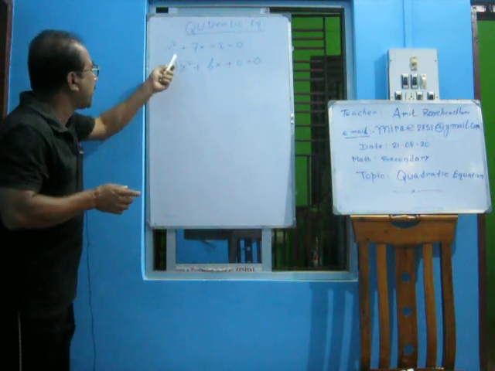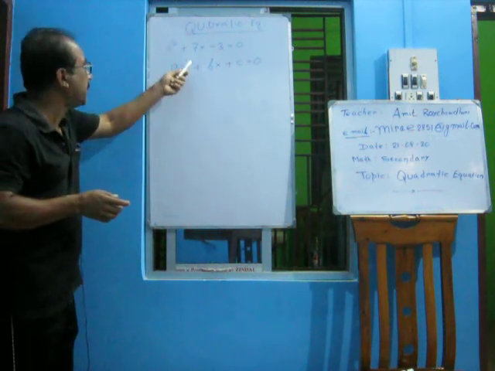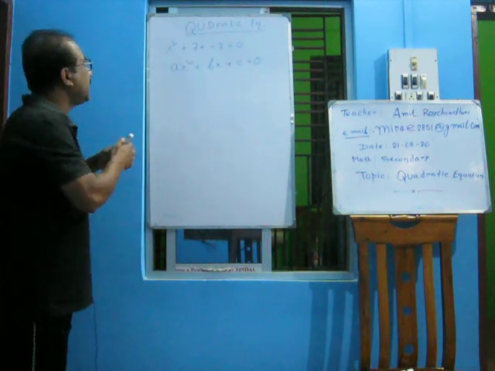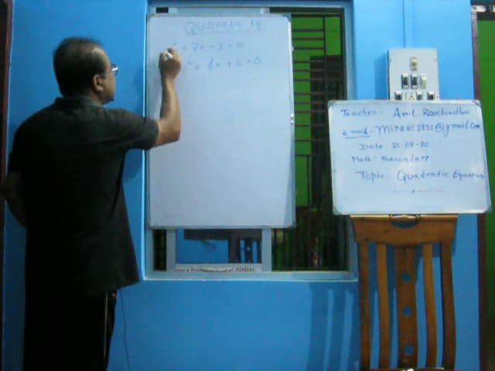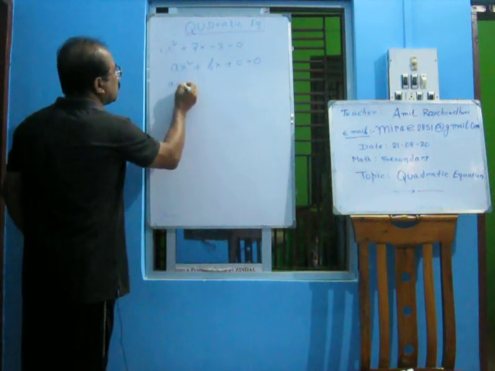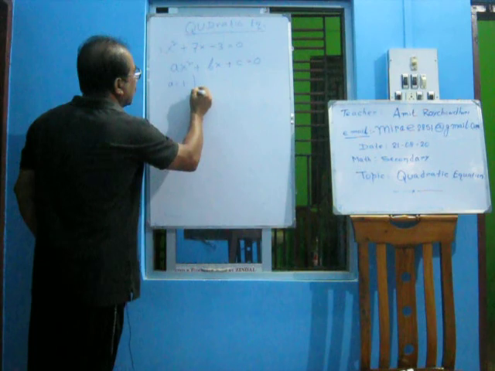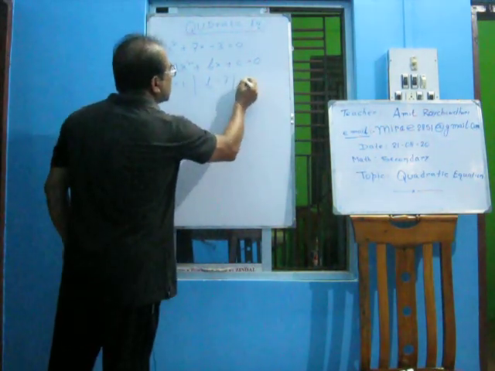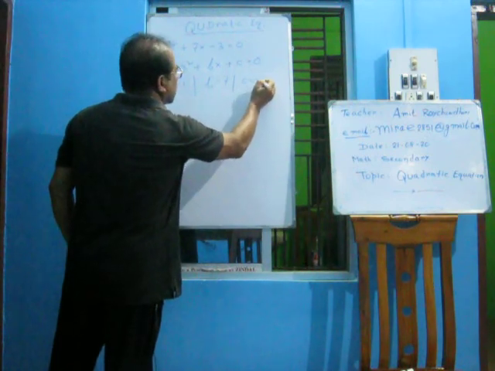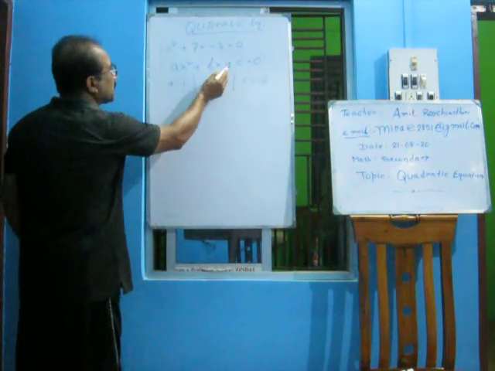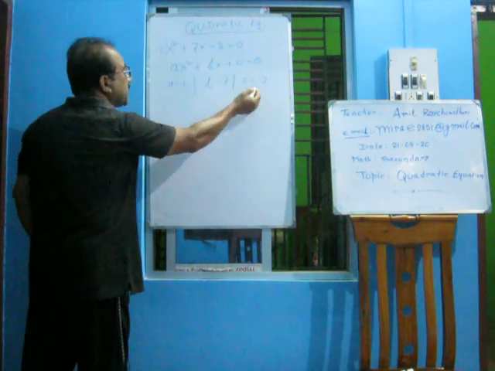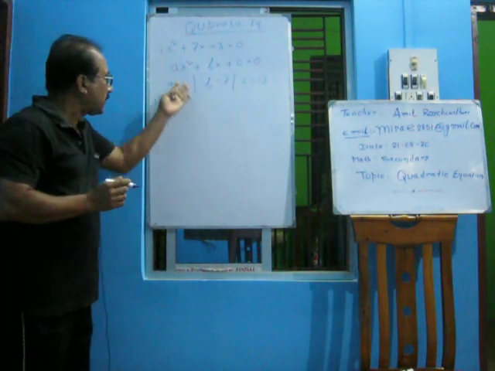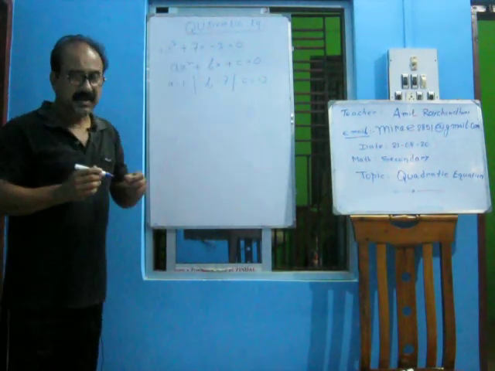Now if I compare the general format with the given equation, clearly a is equal to 1, b is equal to 7, and c is equal to -3, because it is plus plus, so here -3 is taken as c. So this is the format of a quadratic equation.